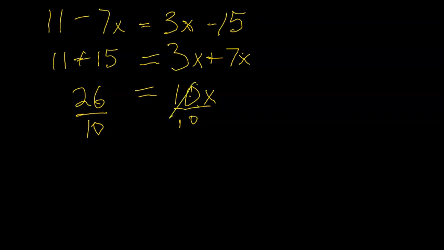So here, this 10 cancels out. And then 26 over 10 is basically 2.6, if we remember our decimals, right? Or you can use long division, which will introduce an extra step. So on the left, we have 2.6 is equal to x, right? Which is the same as x is equal to 2.6.